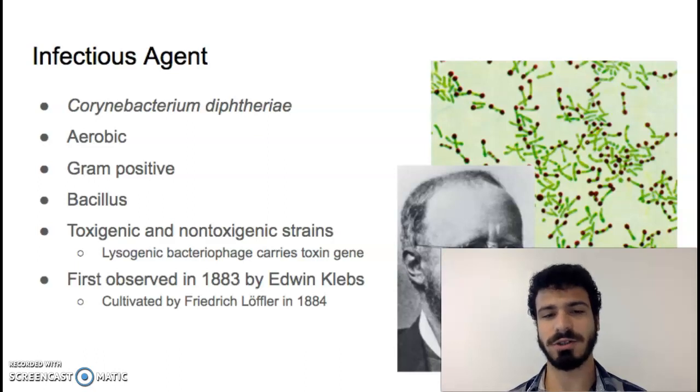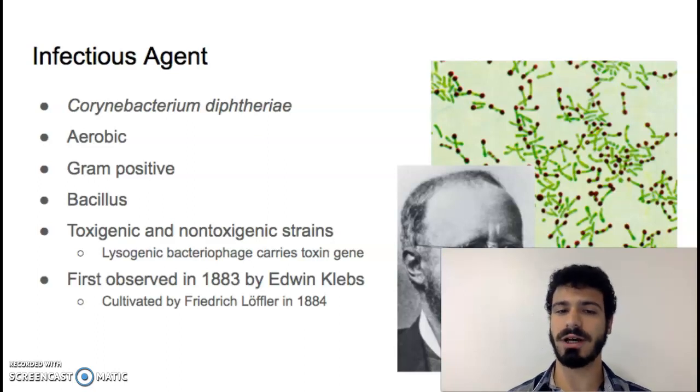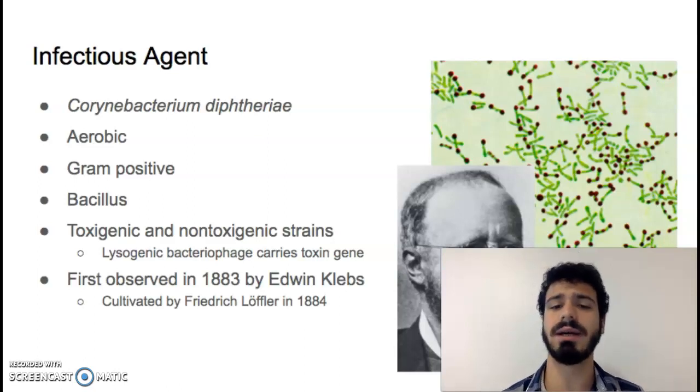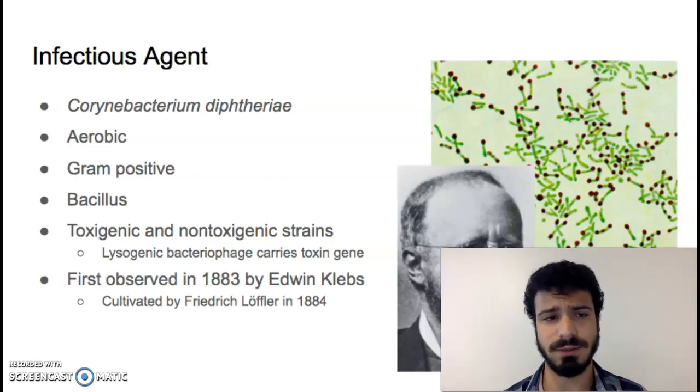So the toxigenic diphtheria strains produce the toxin when they're infected by that lysogenic bacteriophage. And the bacteria was first observed in the 1880s by Edwin Klebs and Loeffler.